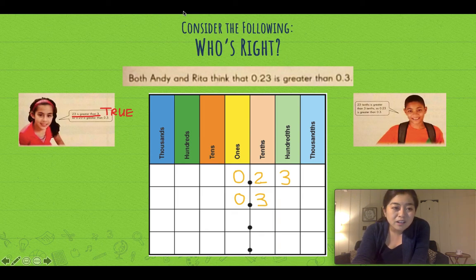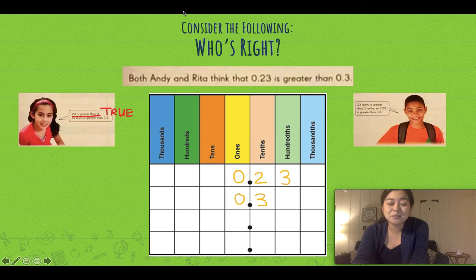So when Rita says 23 is greater than 3, that's true. She's not saying 23 hundredths is greater than 3 tenths, right? She's saying the number 23 is greater than 3.